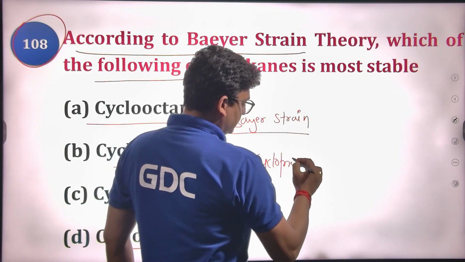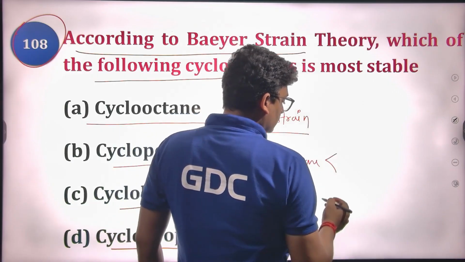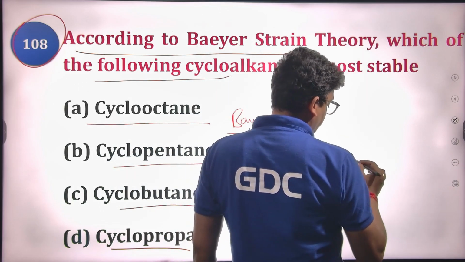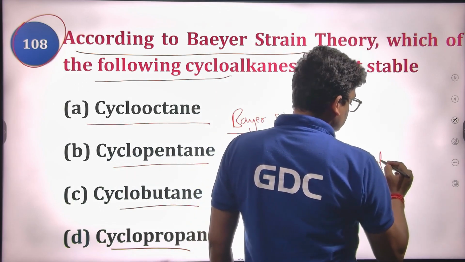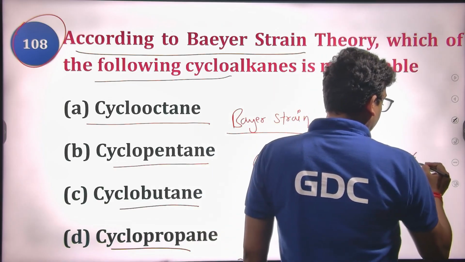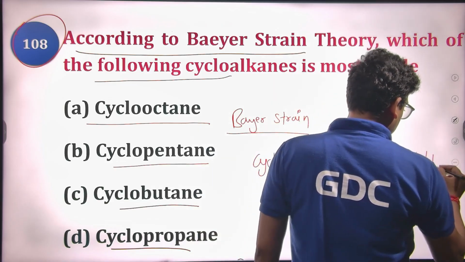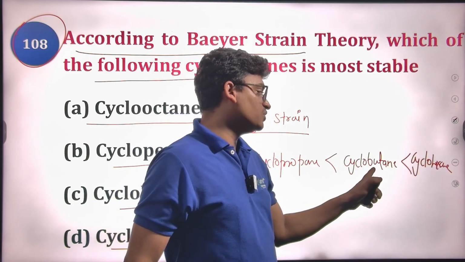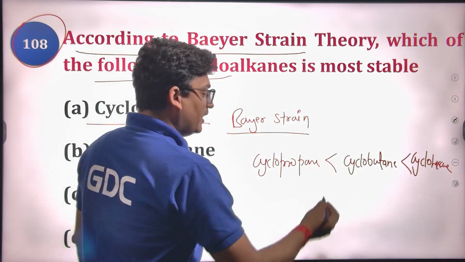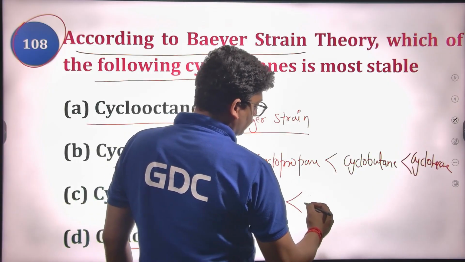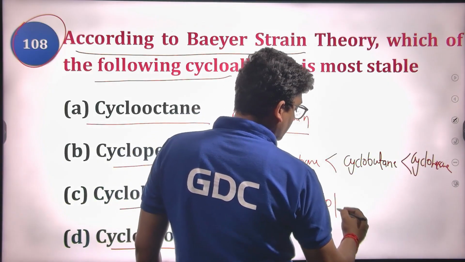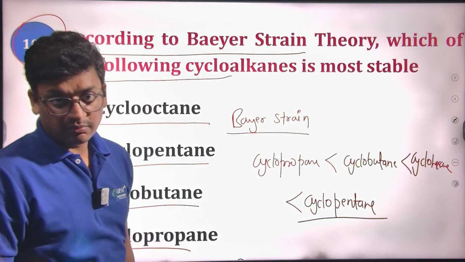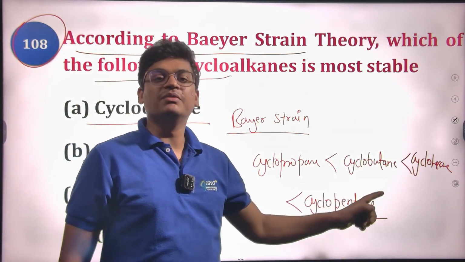Cyclopropane is least stable. More than cyclopropane stability, we are having cyclobutane. Cyclobutane is more stable than cyclopropane. According to Baeyer, cyclohexane is more stable than cyclobutane, and cyclopentane is more stable than cyclohexane. This was according to Baeyer strain theory. But that was wrong by Sachse-Mohr theory. Cyclohexane became more stable.